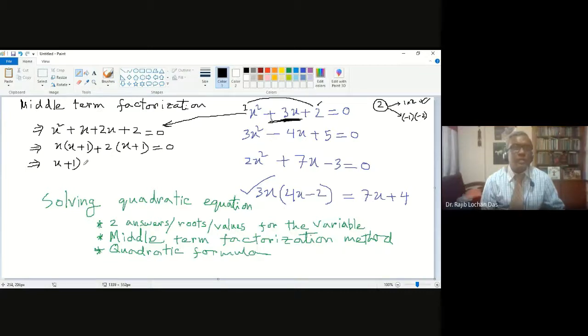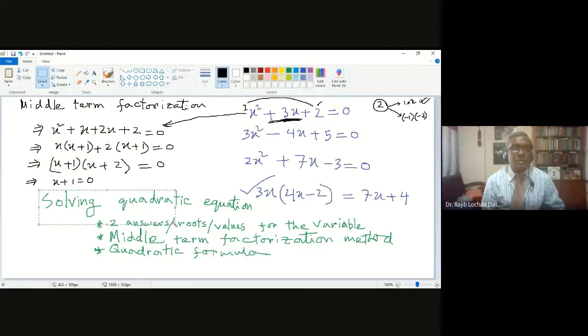If you take x plus 1 common again, so this x will come here, and then plus 2 will come here. So these are the two factors, and you move to the next line, you will write x plus 1 equal to 0, so that x equal to -1.